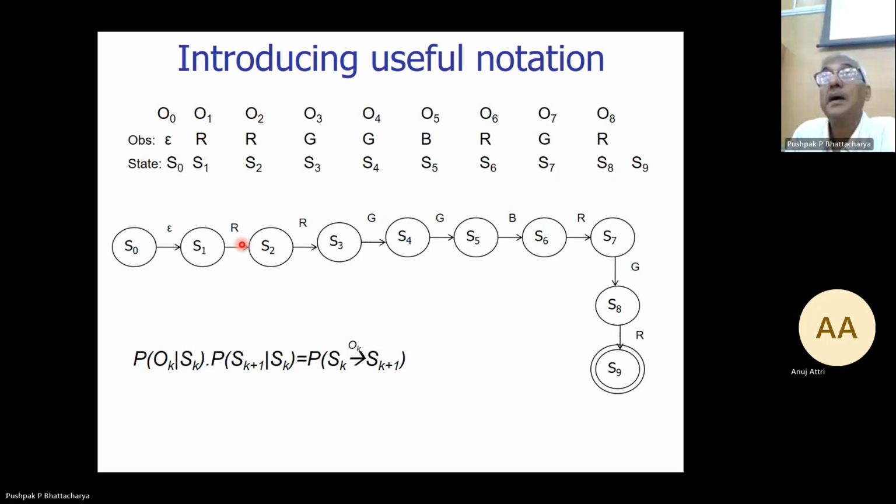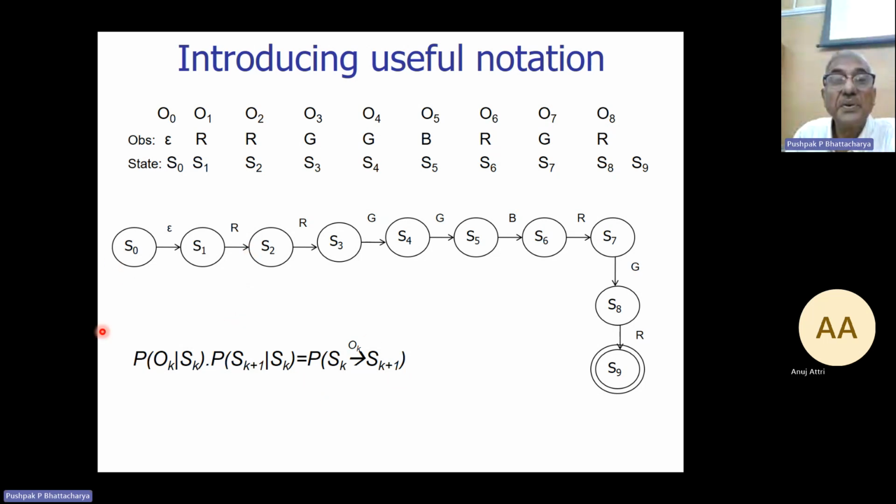Then merging the observation and transition probabilities. Merging means we take the product of them, and having another automaton which has observation and state transition merged together. For a sequence labeling situation, this kind of product gives rise to what is the Markov chain.